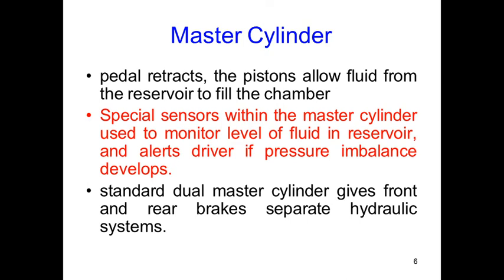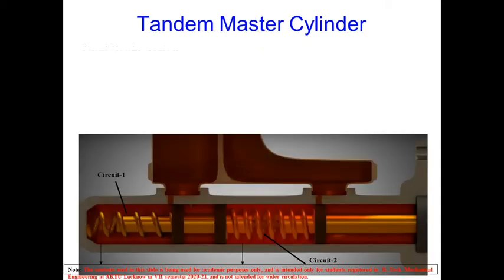Special sensors within the master cylinder monitor the fluid level in the reservoir and alert the driver if a pressure imbalance develops. Some indicators are there on the dashboard of the driver, so that he can understand that there is some failure inside the braking system. So the standard dual master cylinder gives front and rear brakes separate hydraulic systems, as we have discussed.